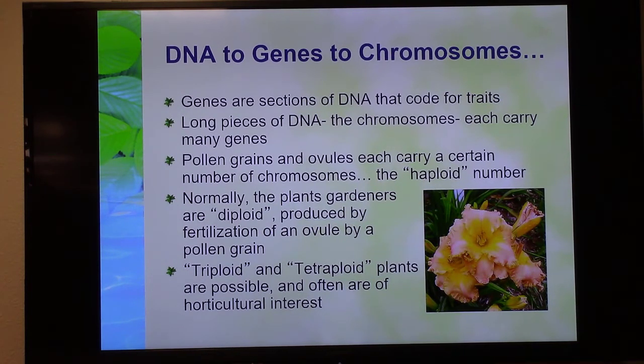Instead of 2, which is called diploid, we can produce plants with 3 sets, triploid, or 4 sets, tetraploid. I just got through planting about 500, 600 pounds of tetraploid ryegrass. Why did I choose tetraploid ryegrass instead of just ordinary ryegrass?